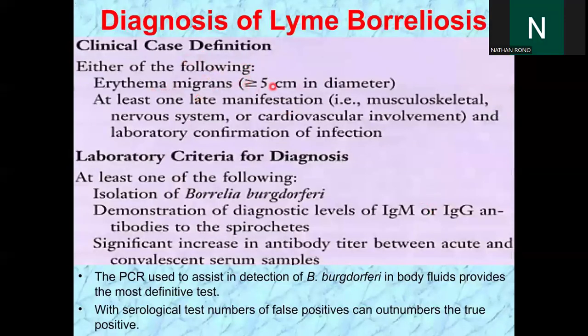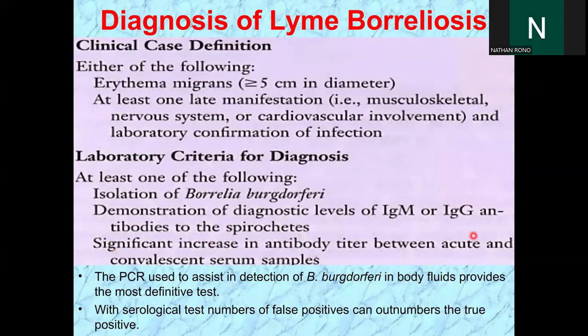Then here is the clinical case definition. Erythema migrans greater than 5 centimeters in diameter, at least one late manifestation, musculoskeletal, CNS, or cardiovascular involvement, and lab confirmation of infection. Then lab criteria, isolation of Borrelia burgdorferi, demonstration of diagnostic levels of IgM and IgG. Remember, IgM is indicative of acute infection. IgG is a chronic infection.